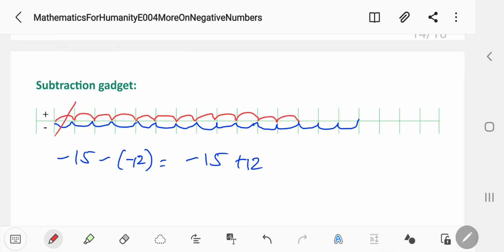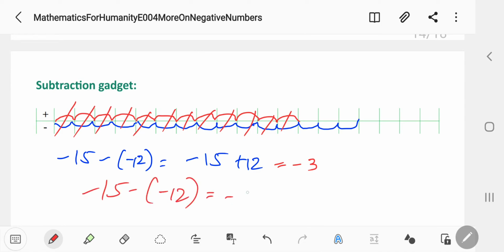And of course the wave will cancel here, cancel here. All of this will cancel, will go to 0, and then you have 1, 2, 3 down at the negative. So this is now negative 3. So negative 15 minus negative 12 is negative 3. And then we can also do another example.